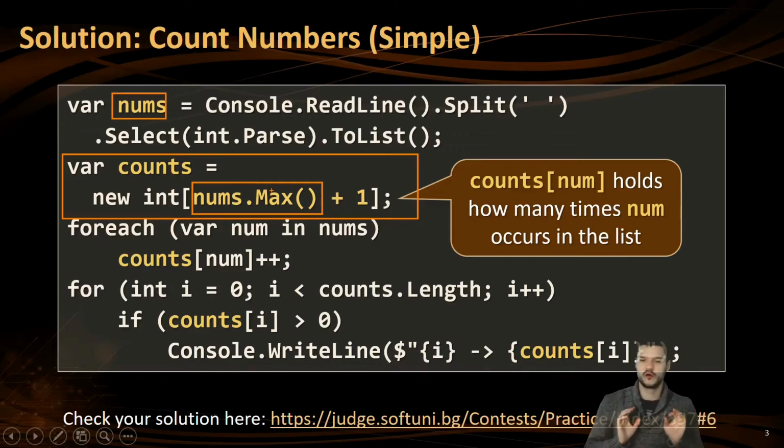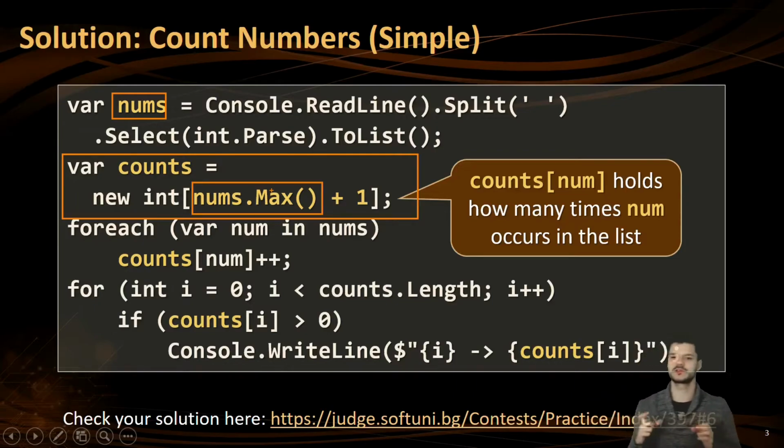We do that because each index inside the array represents a number from the input, and the value at each index represents the occurrences. I'm going to show it to you right now.